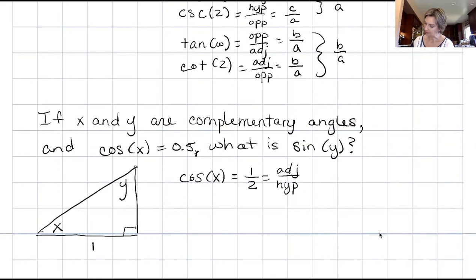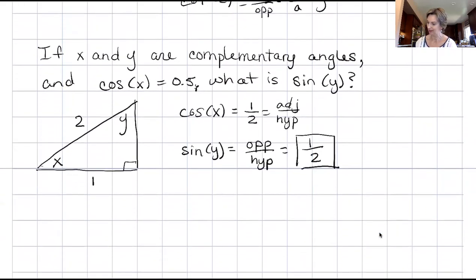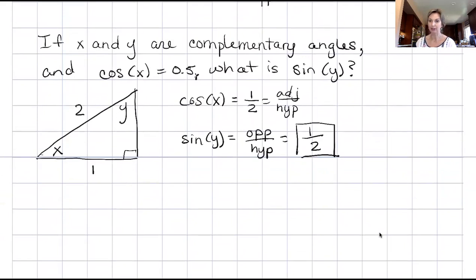So that means this side is 1 and that side is 2. Okay, the sine of Y is opposite over hypotenuse. Opposite the angle Y is 1 and the hypotenuse is 2. So that means the sine of Y is 1/2, which is the same as the cosine of X. Okay, excellent. Complementary angles, right? One is cosine, one is sine, and they're the same.